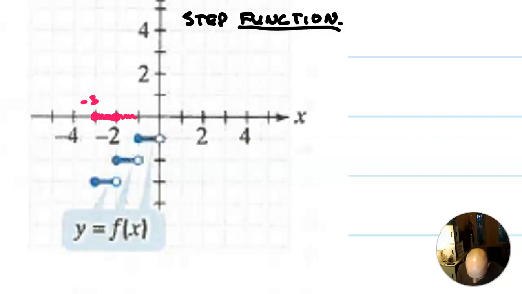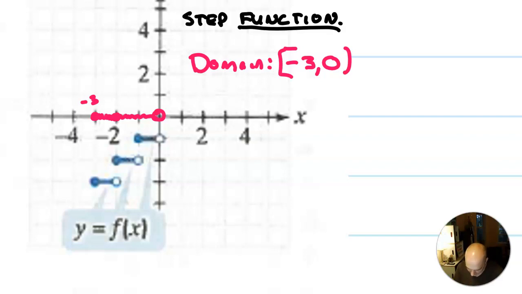So we just keep on shading until we get to 0, and then we have that open circle, which means the function no longer is there. So we'll write it up here: the domain is -3 up to 0, inclusive of -3, but not inclusive of 0. That was that open circle.